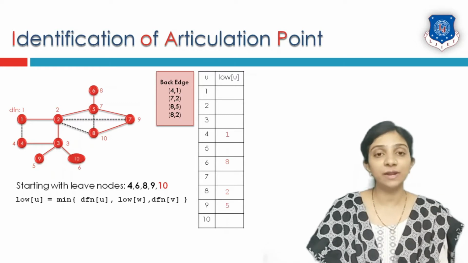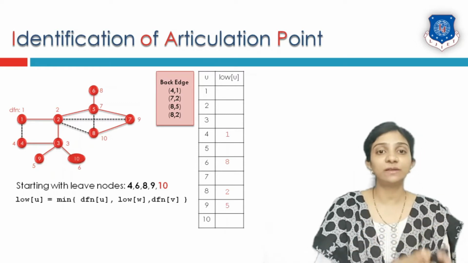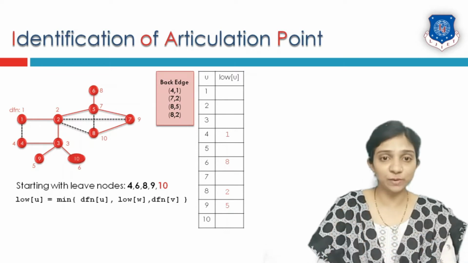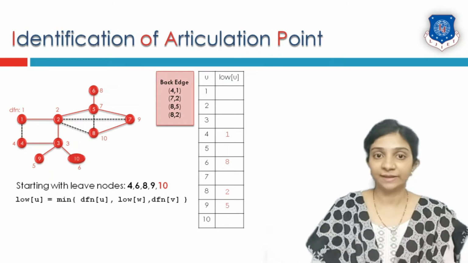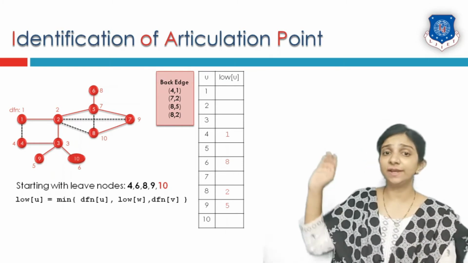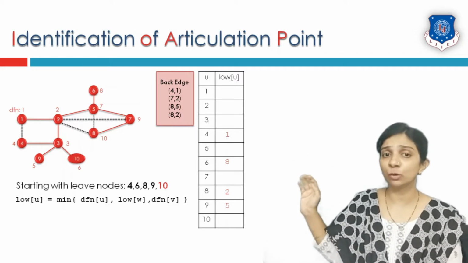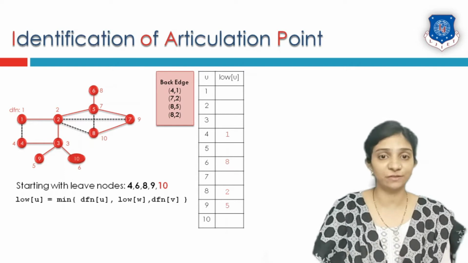But I cannot directly compute low of vertex 1 because vertex 1 has vertex 2 as a child whose low is still not present in the table. Likewise, I cannot calculate vertex 2 because it requires its children's low, that is vertex 3 and 5's low, which are still not present in the table.